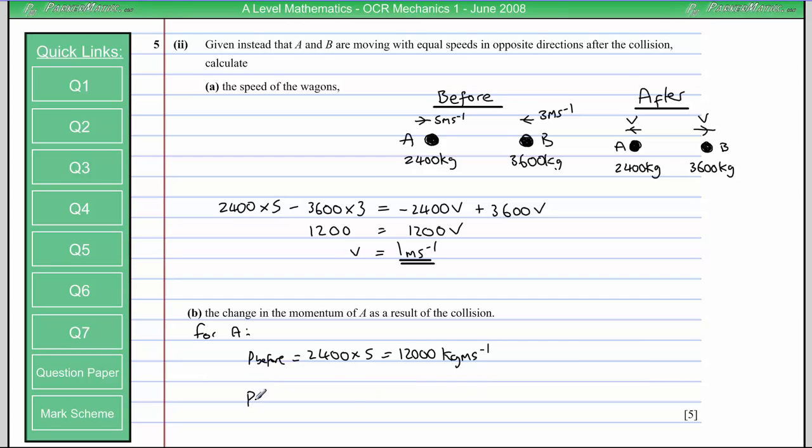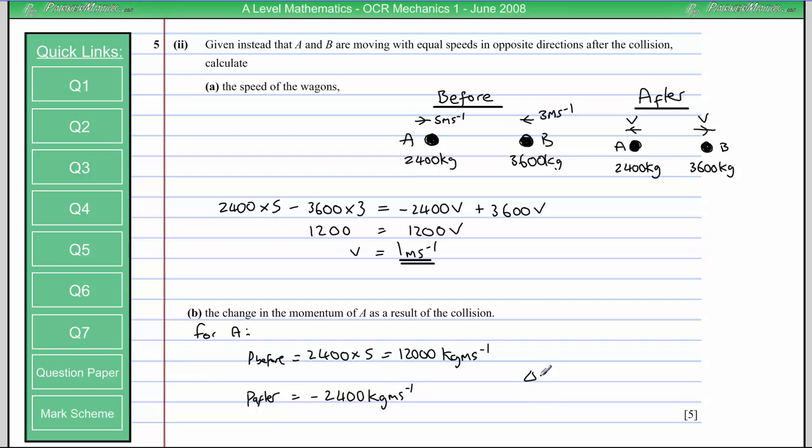The momentum after the collision is given by our velocity times our mass. We now know this velocity is 1 meter per second. It's negative because it's going to the left, so we're going to have minus 2,400 multiplied by 1, which gives us minus 2,400 kilogram meters per second.